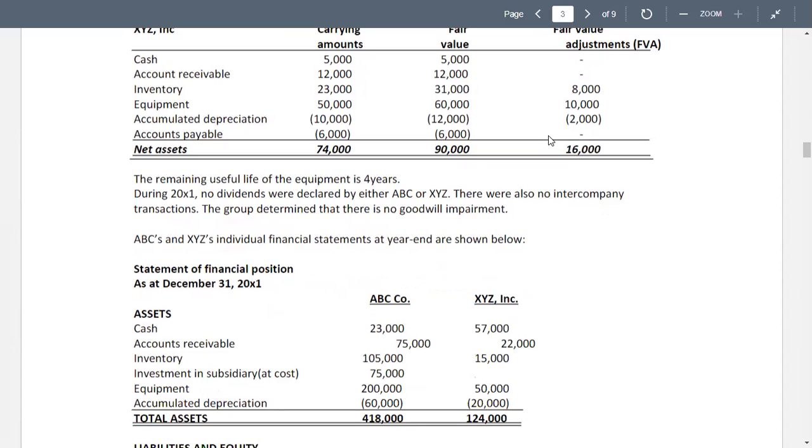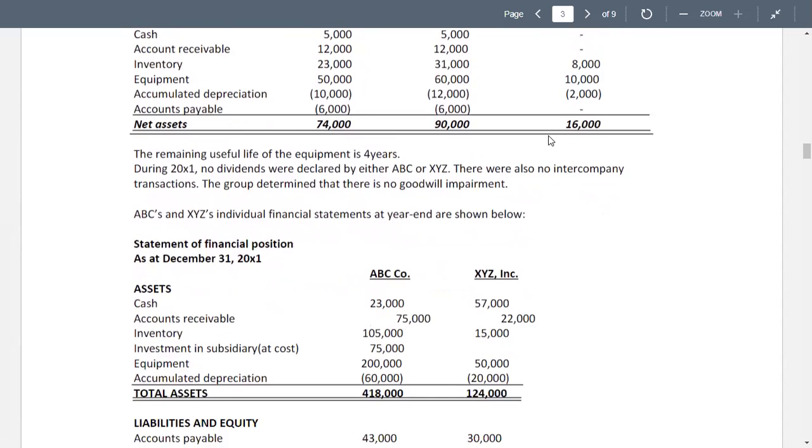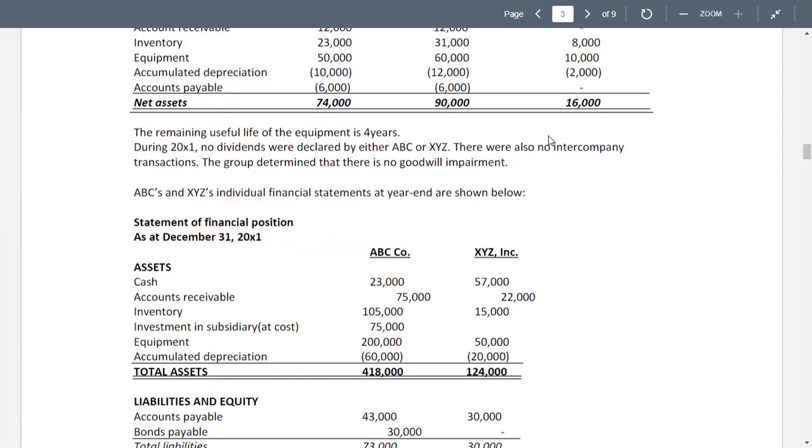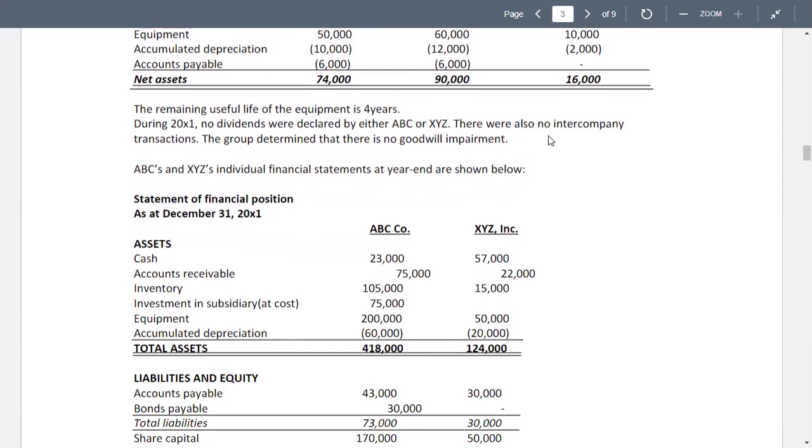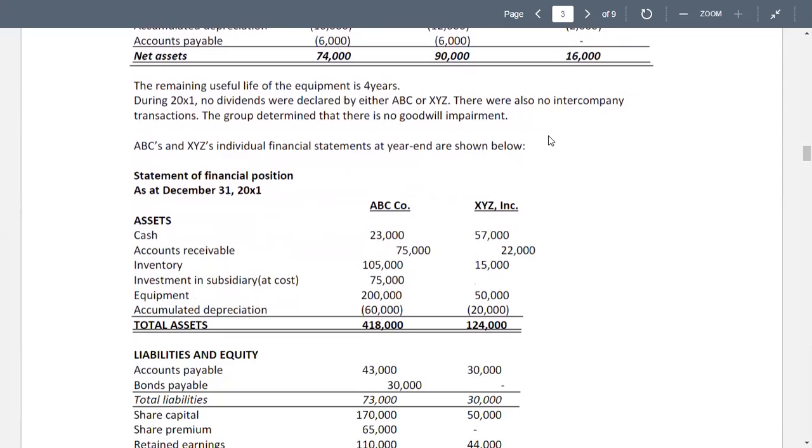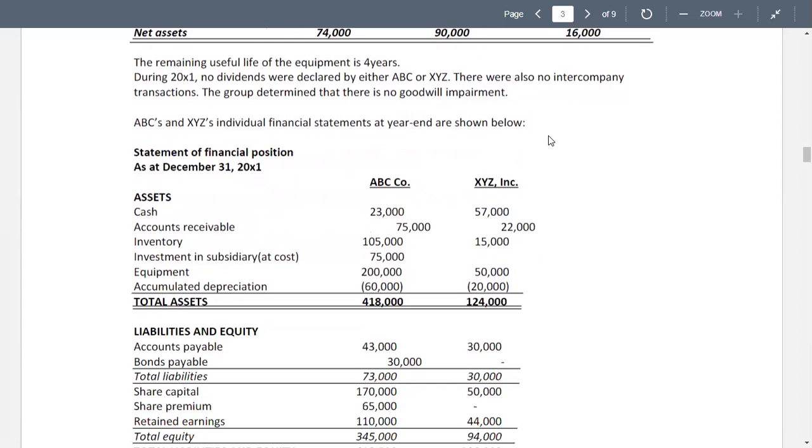Total assets of XYZ Incorporated is 124,000. The liabilities in the form of accounts payable, 30,000. So the net assets is equal to 94,000. That's 124,000 total assets minus the total liabilities of 30,000.